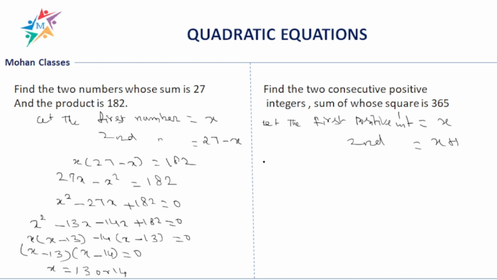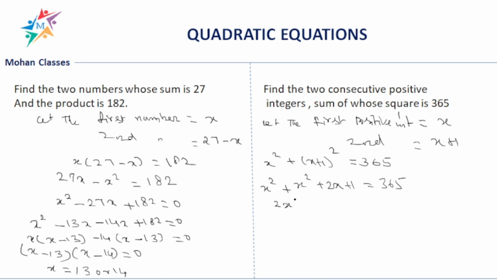That means x² + (x + 1)² is equal to 365. It is in the form of (a + b)², that means a² + 2ab + b². So x² + x² + 2x + 1 = 365.